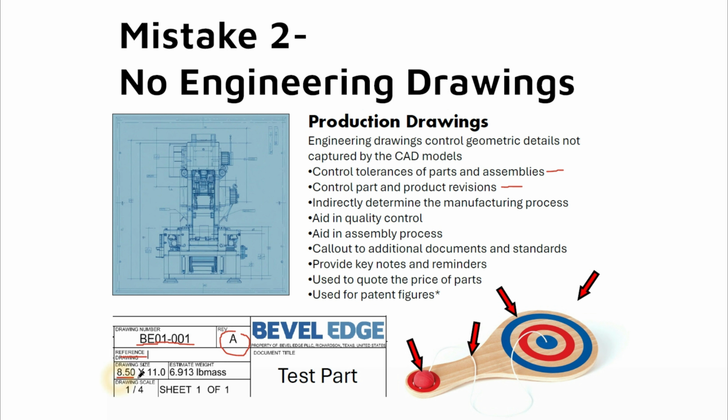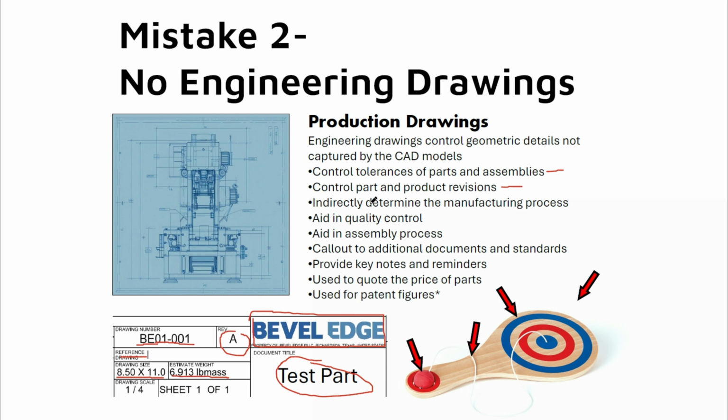It gives you the size of the paper, the estimated weight of that component, the title of it, who the actual owner of this drawing is, and that hopefully is your business name in here, and kind of what scale it is and how many sheets are in this drawing. So, and maybe I should make an entire video talking about what makes a good engineering drawing, but anyways, it controls the part, product, and revision.